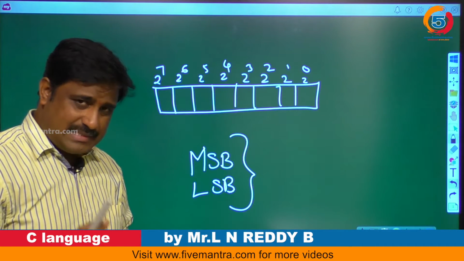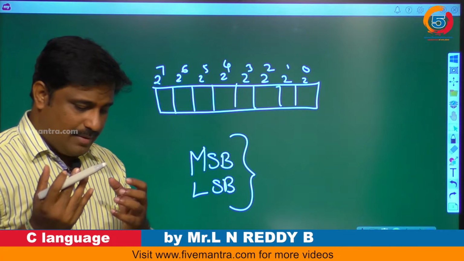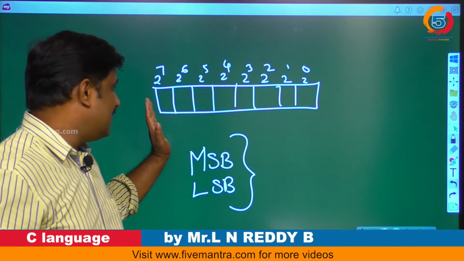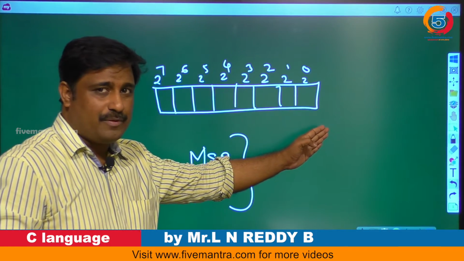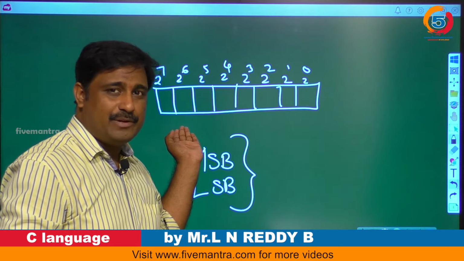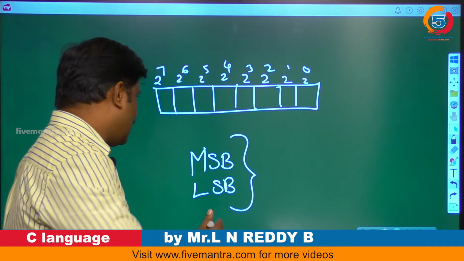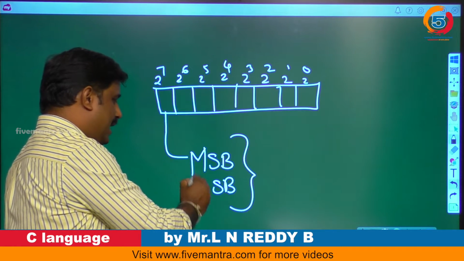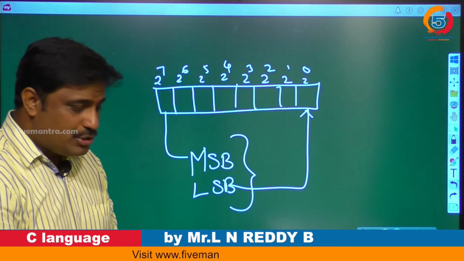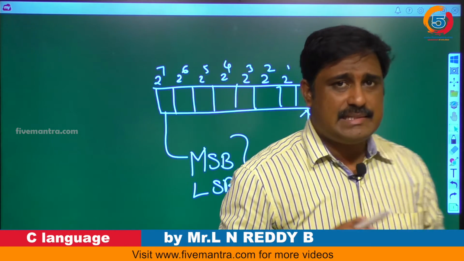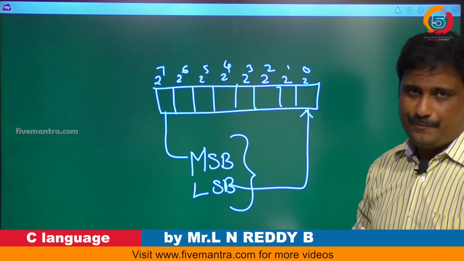Now in C language, when you assign any value, it starts from the low end: the lowest value will be saved into 2 to the power of 0, and the highest value will be saved into 2 to the power of 7. Okay, this we call the MSB, and this we call the least significant bit. Most significant bit and least significant bit. These are the two important bits we have.